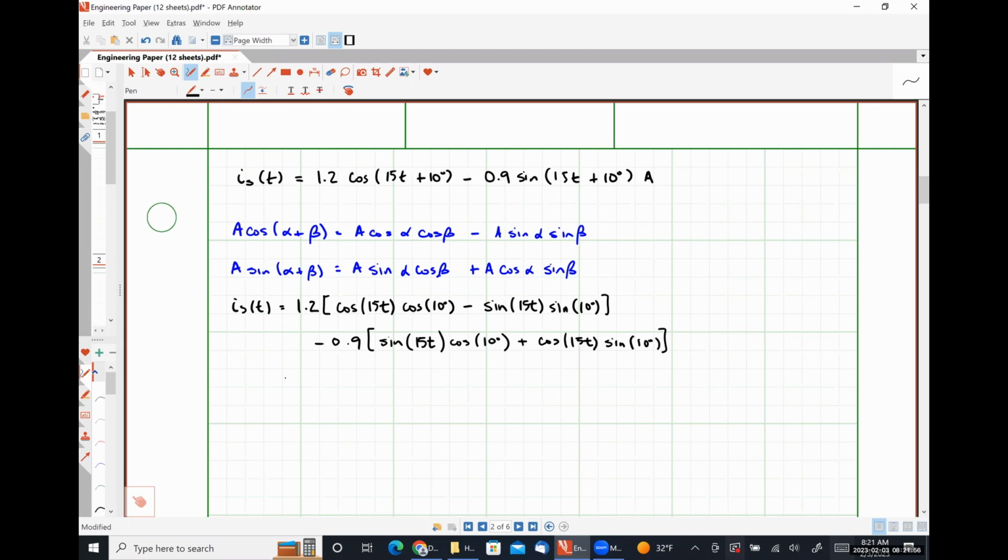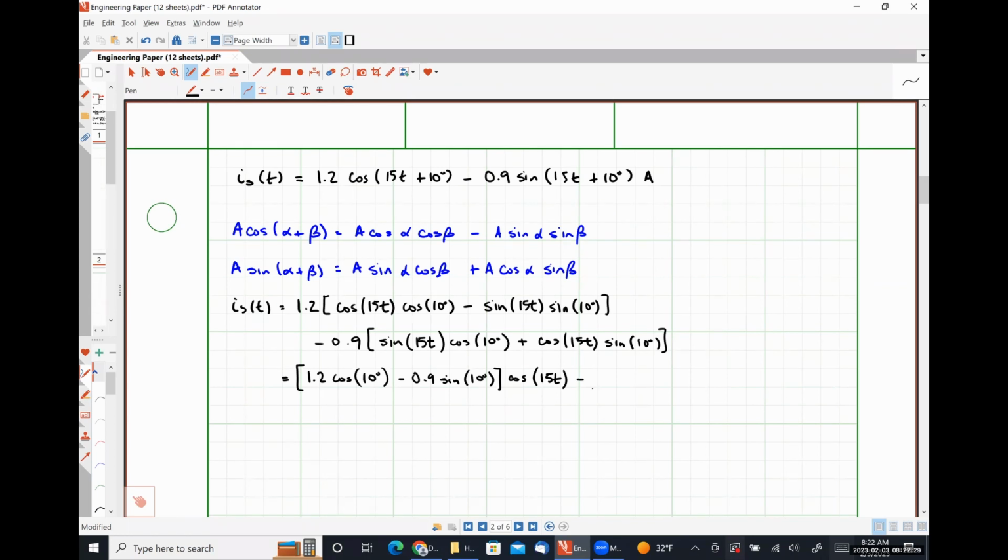And now I'm going to lump some things together, right? So I have a factor of 1.2 cosine 10 degrees and a factor of negative 0.9 sine 10 degrees that is being multiplied by cosine 15t.